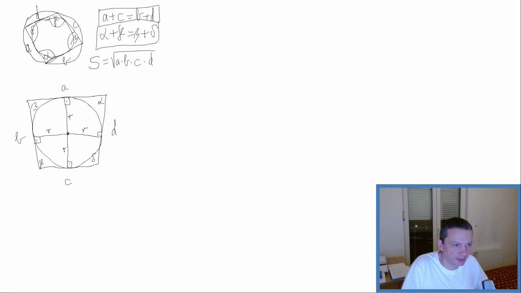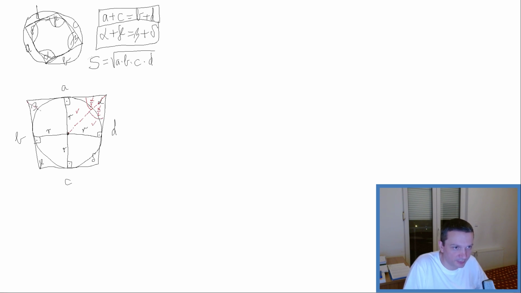So if I connect the center of the circle with the vertices of the quadrilateral, then I have two congruent triangles here and here. So this is alpha over 2 and alpha over 2, one half of alpha.